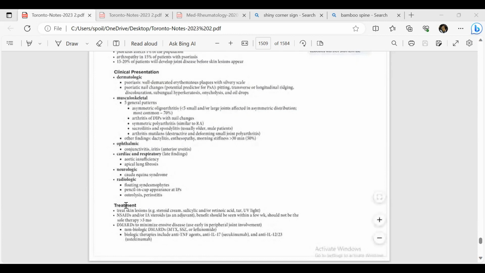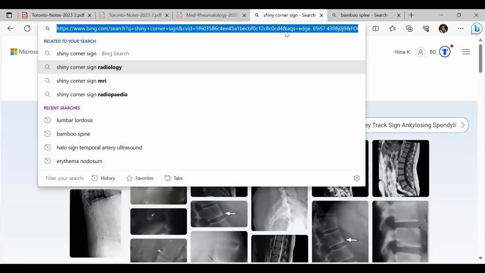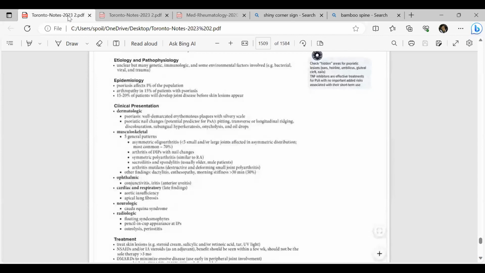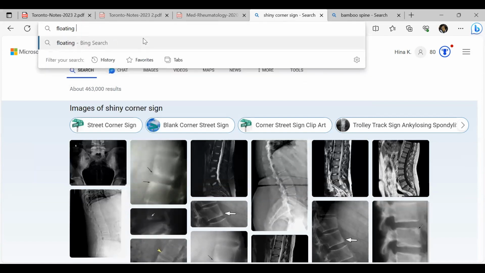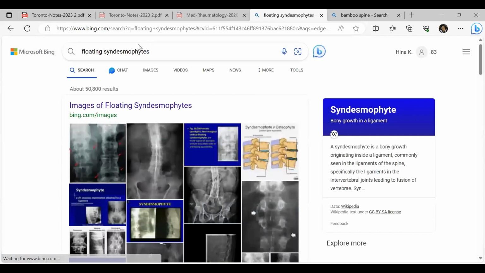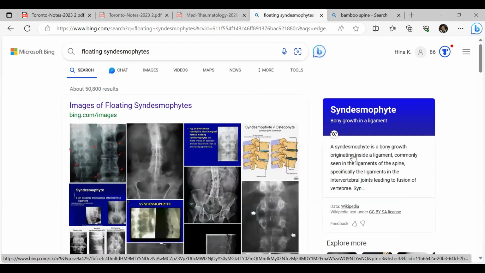Let me just show floating syndesmophytes. A syndesmophyte is a bony growth originating inside a ligament, commonly seen in the ligaments of the spine, specifically the ligament in the intervertebral joints, leading to fusion of vertebrae.